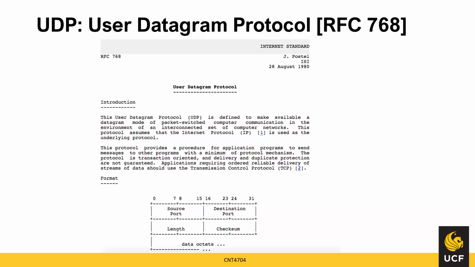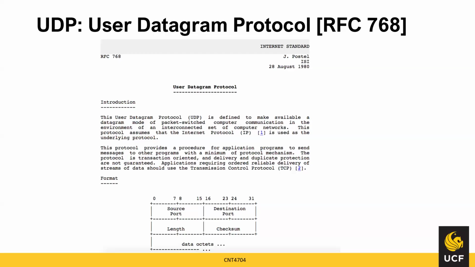UDP was formally written in 1980, and it is one of the simplest protocol specifications. It's only 3 pages long, which is very unique compared to other protocols or other means of wireless communications.